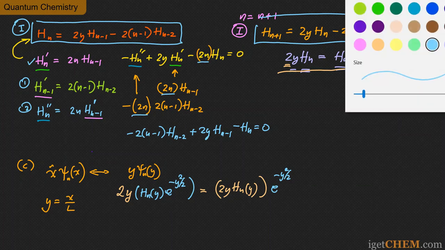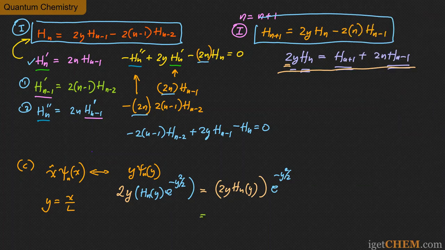Now, of course, what that does is to generate a sum of Hn+1 plus 2n times Hn-1, which is that.